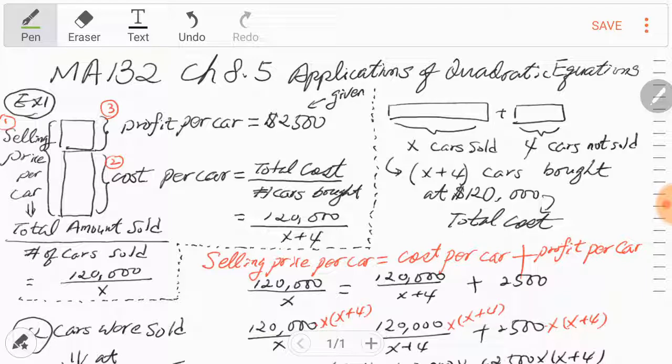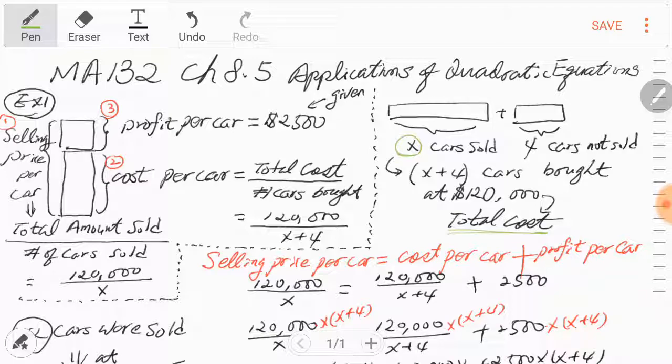A car dealer bought some number of cars and then sold some number of cars. So let's say the car dealer bought some number of cars at $120,000. This is the total cost that the car dealer spent. And then they sold X number of cars, and 4 cars were not sold.